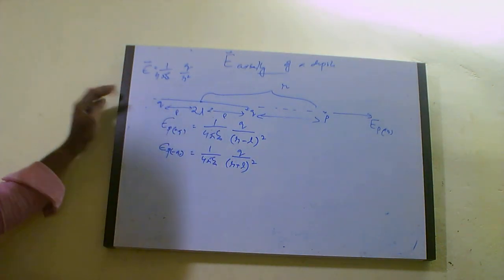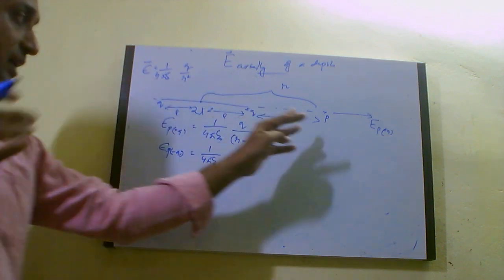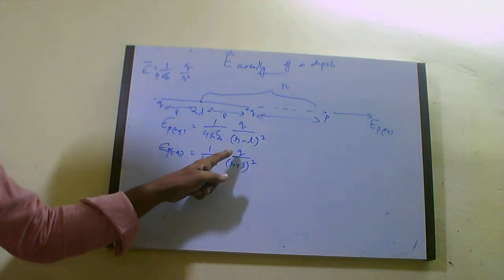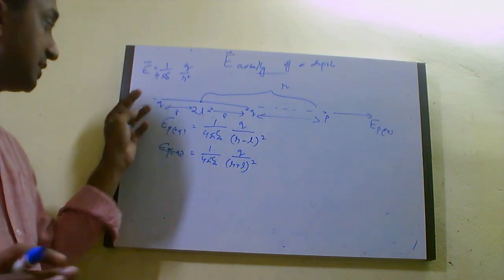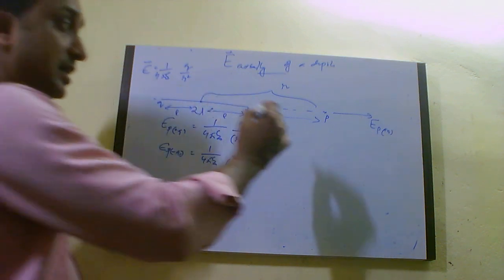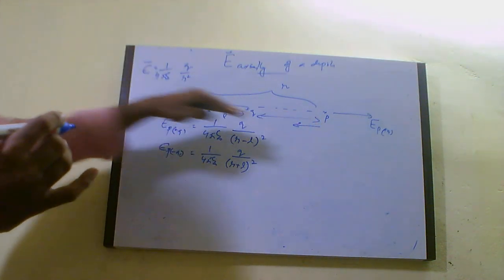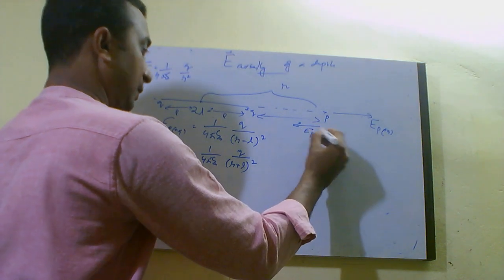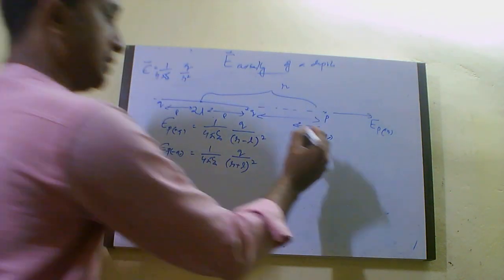Since I have to take only the magnitude of the electric field intensity, I am not considering the negative here. What is the direction of the electric field intensity there? Obviously it is towards the negative charge. So E at P due to minus Q is in this particular direction.